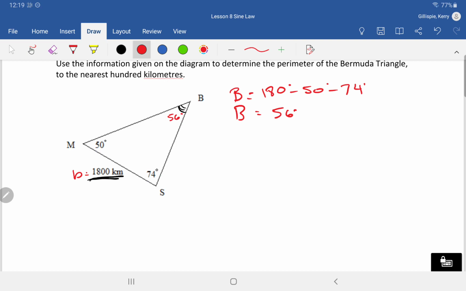We can solve for M or S first, it doesn't matter. Let's go with M. So I want to pair up, since I'm solving lowercase, I want lowercases on top. I'm going to pair up lowercase b's with capital B, and we will choose to do M first.